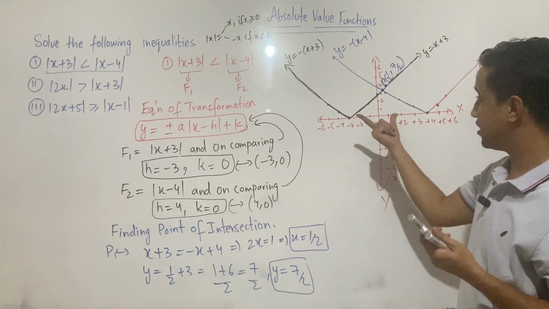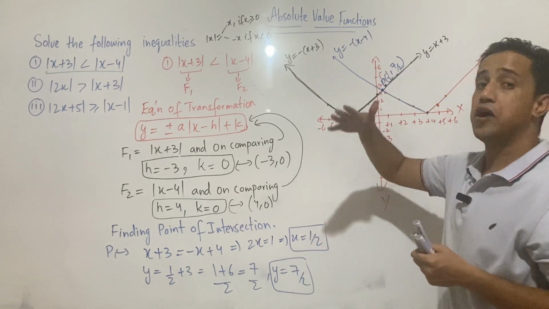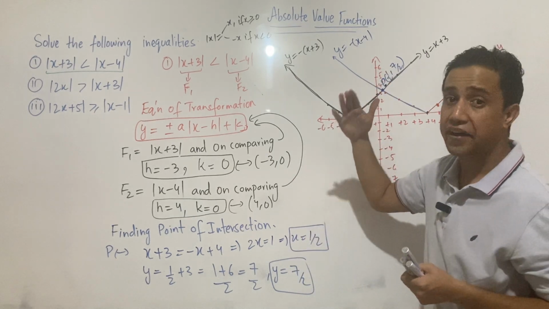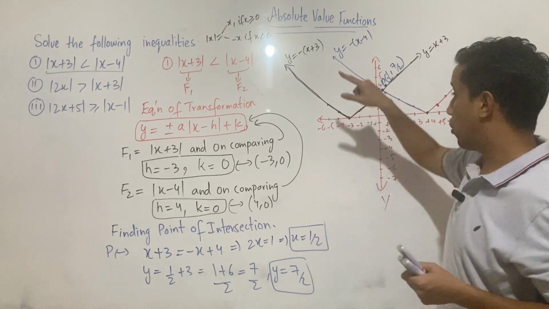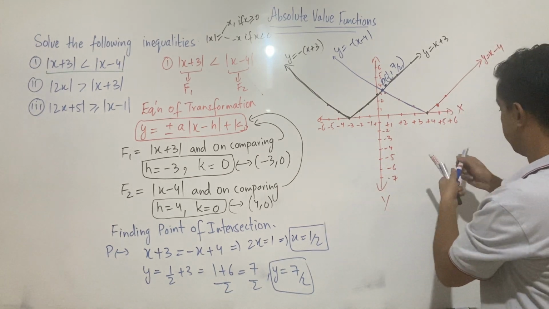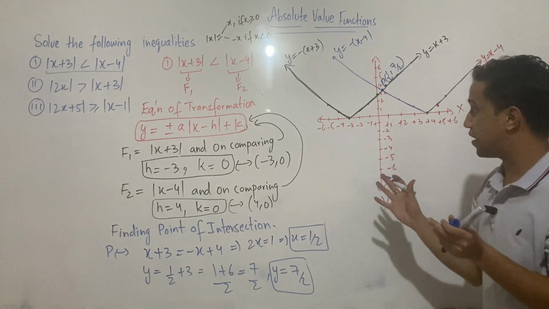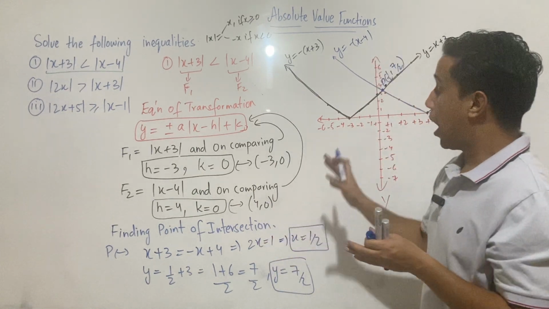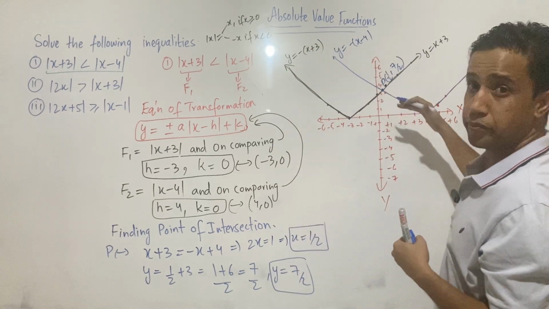What does it mean? It means we have to look for the region where the black curve lies below your blue curve.